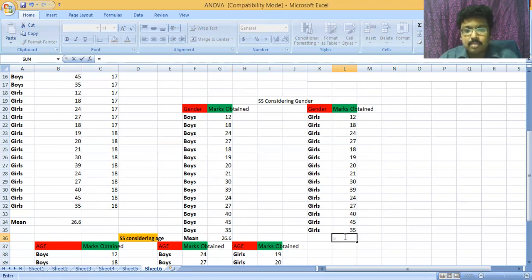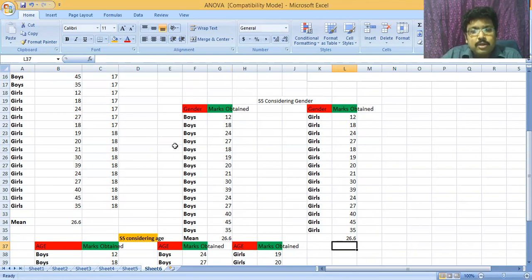Average. Okay, so selecting these numbers, this is the mean of the marks obtained by the girls. So in this way, you have to find out the mean.